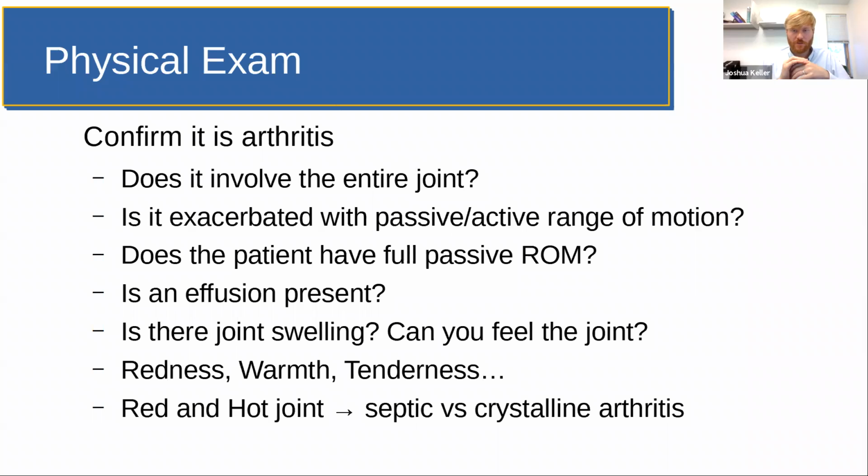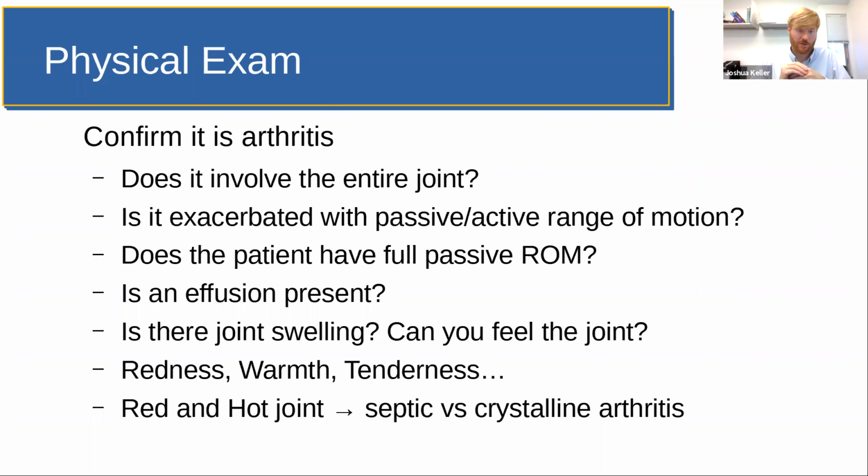Thinking about MCPs, PIPs, DIPs, wrists, and elbows, if you can't feel it at all, that's good evidence there's probably swelling. Versus if you can feel it, then you get more into, is there extra tissue there? Is it kind of mushy or not?